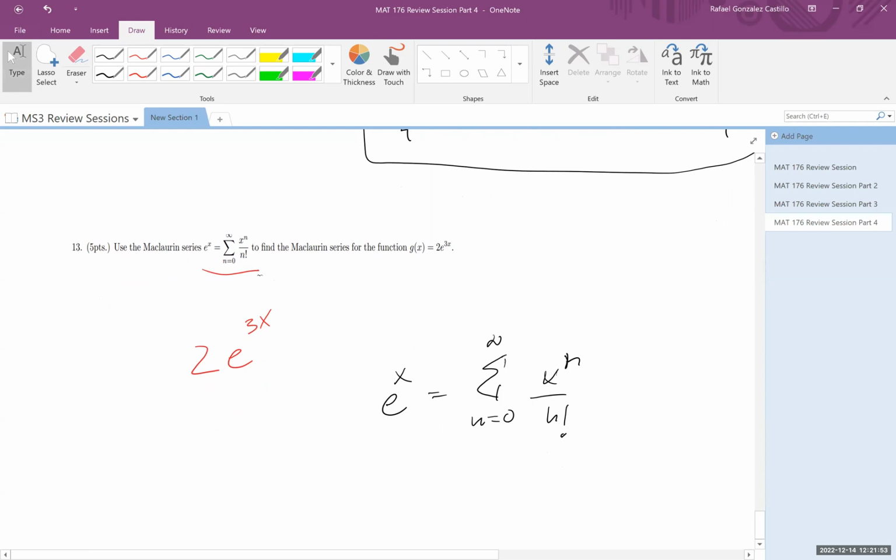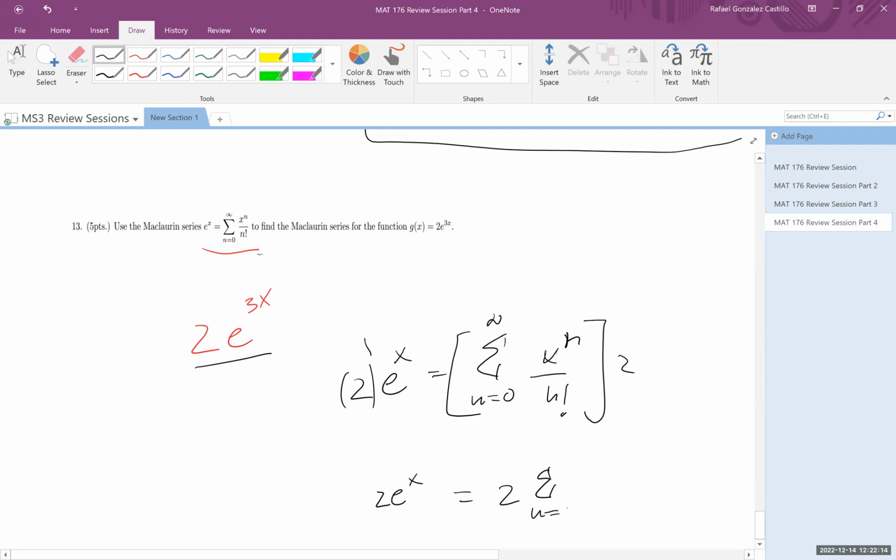The first thing we could do to make this look like this is to multiply both sides of this equation by 2. If I multiply both sides by 2, I get 2e to the x is equal to 2 times the series of n equals 0 to infinity of x to the n over n factorial.